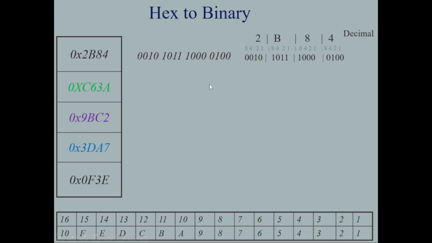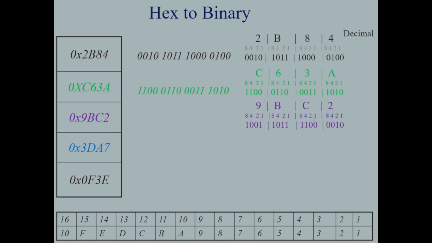Okay, go ahead and convert the next couple here. Go ahead and pause the video, convert the next ones, and then come back, and we'll show you the answers. All right, let's take a look. So C638 converts to binary this way. The next one, 9BC2, converts to binary this way.